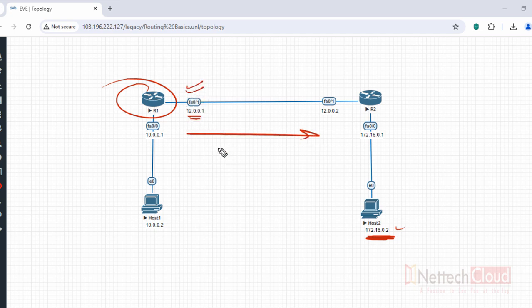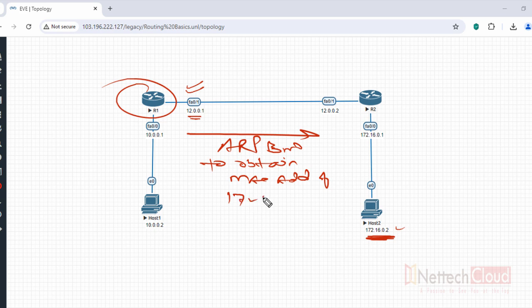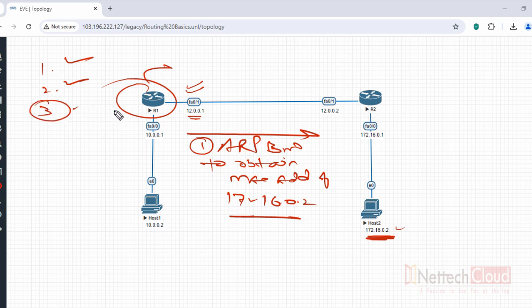And that's the reason R1 sends an ARP broadcast to obtain the MAC address of 172.16.0.2. Step number 1 done, step number 2 done, but what about step number 3? Not done yet, right? The packet is still not encapsulated, and without encapsulation, the packet cannot be sent to the next hop device. So in order to do so, the packet is put inside the exit interface buffer, and R1 tries to obtain the MAC address of host 2.